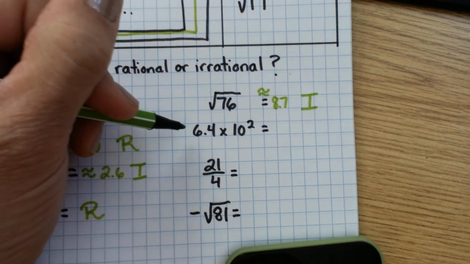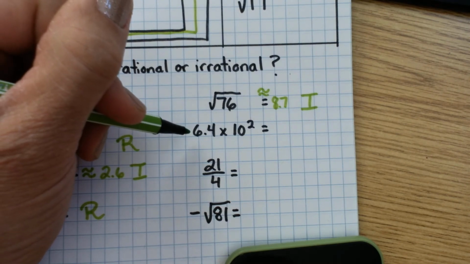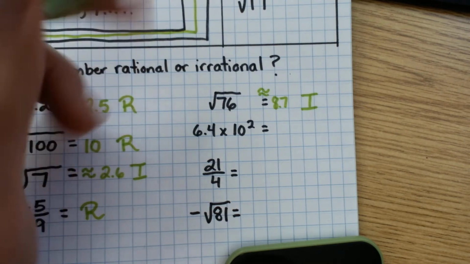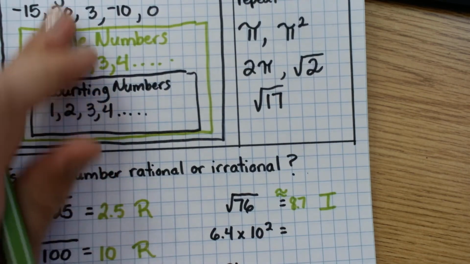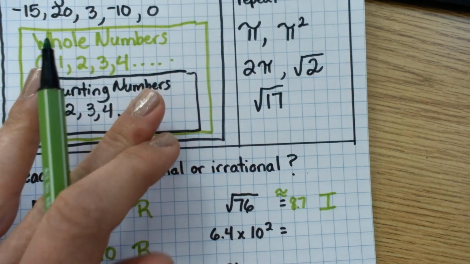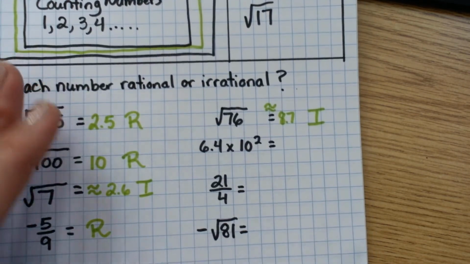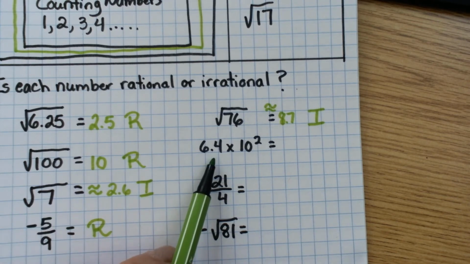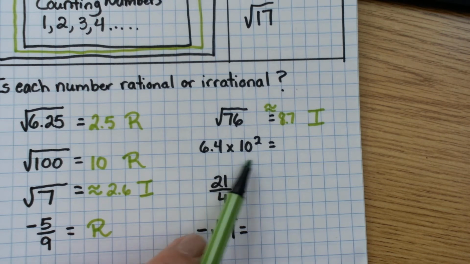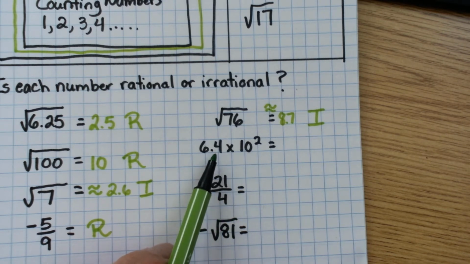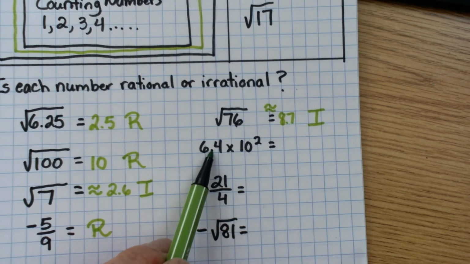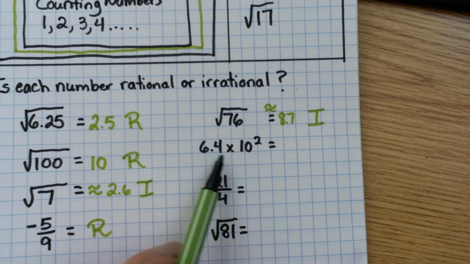Okay, 6.4 times 10 to the second power. So if we look back up here into this chart, on either side, we did not have any numbers whatsoever in scientific notation. So I'm not really sure what to do with it when it's in this form. But I know that I can change a number from scientific notation into standard notation.